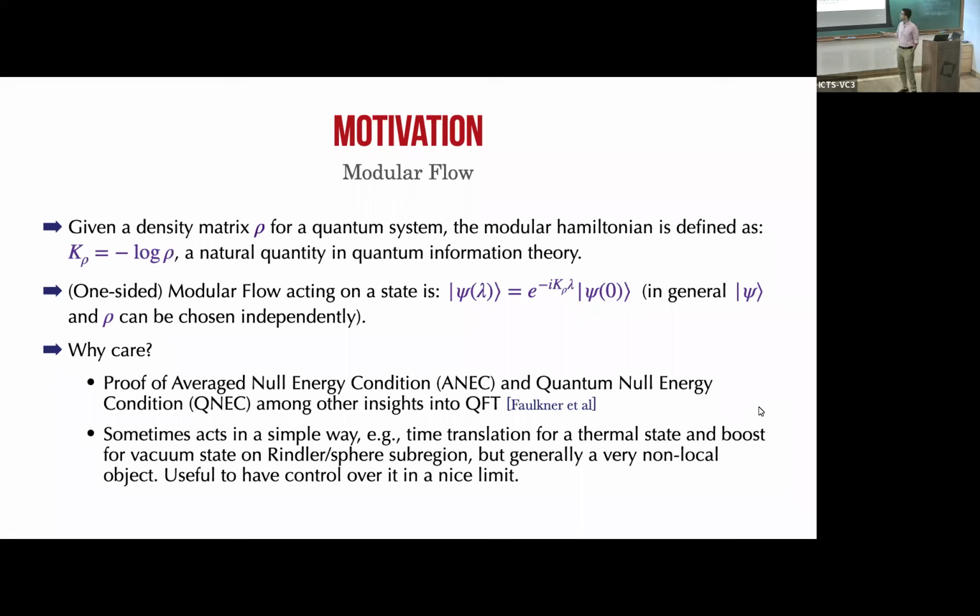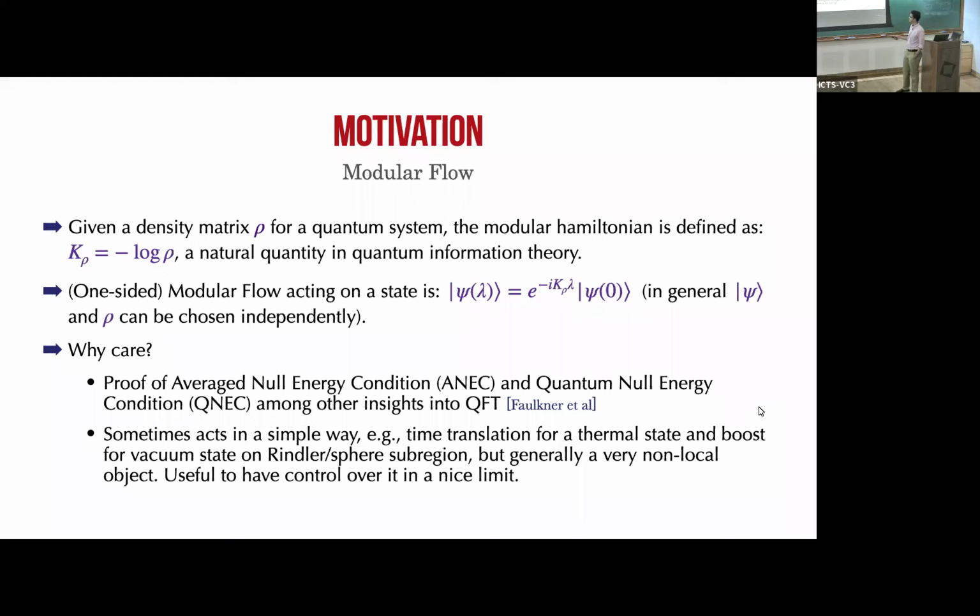The proofs of these statements required modular flow. Sometimes it takes a simple form. For example, if you have a thermal state, then as I said before, the modular Hamiltonian is just the Hamiltonian, so the modular flow is just time translation.